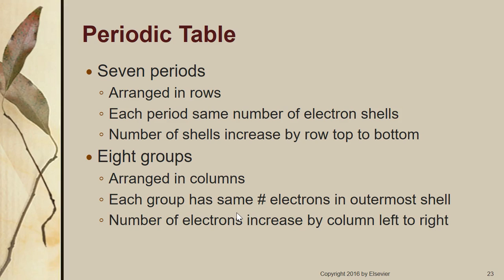So the period, all of them have the same number of electron shells, and they increase from the top row to the bottom row. The groups going left to right means that they have the same number of electrons in the outermost shell, and they increase from left to right. So that's very important when we look at it, and we'll see them in just a second.